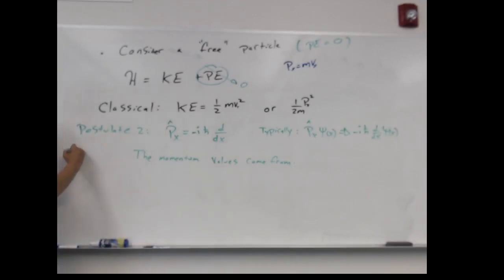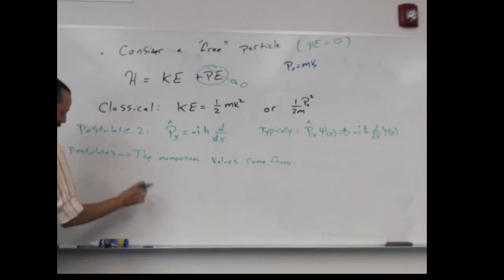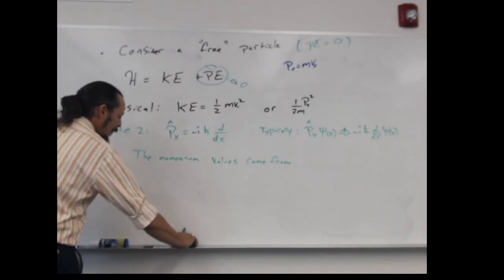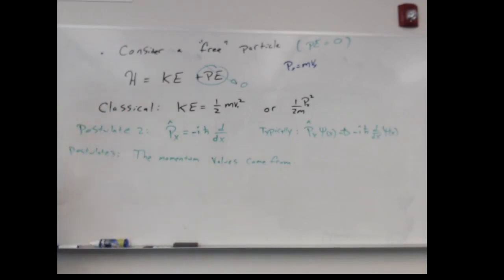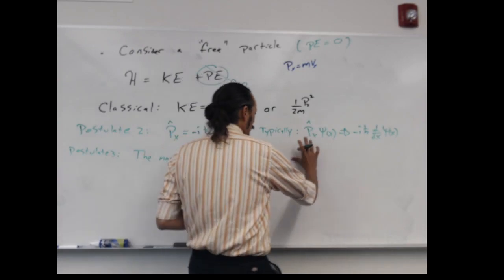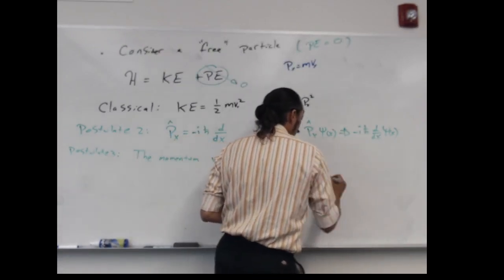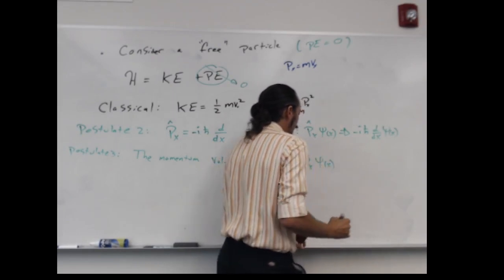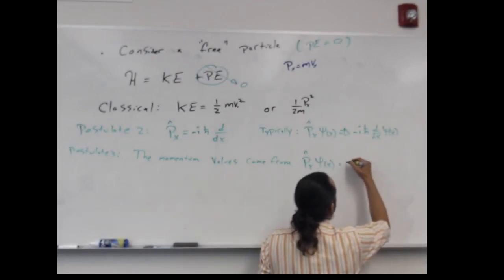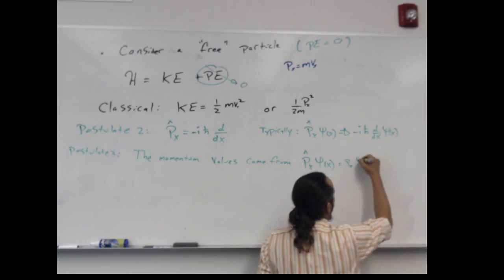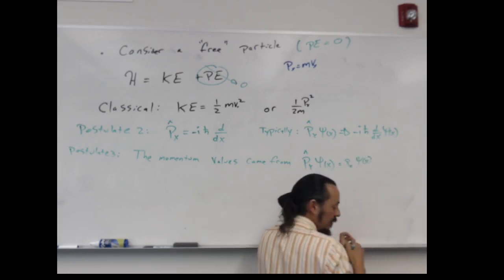Right, this is going to be postulate 3. Postulate 3 tells us there's only certain allowed values for the momentum. So if I have this momentum operator operating on a wave function, I'm going to get some momentum values and that wave function back.